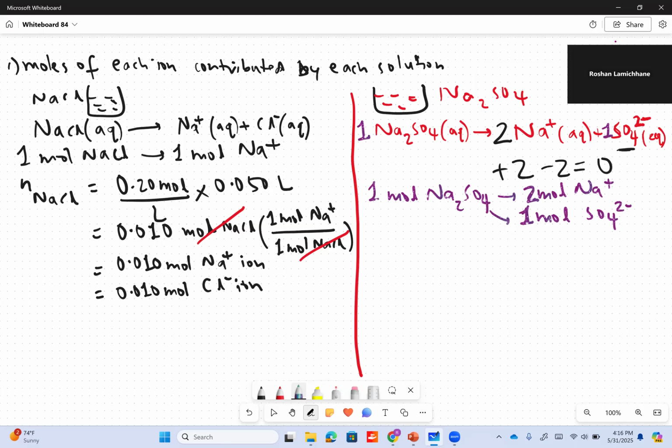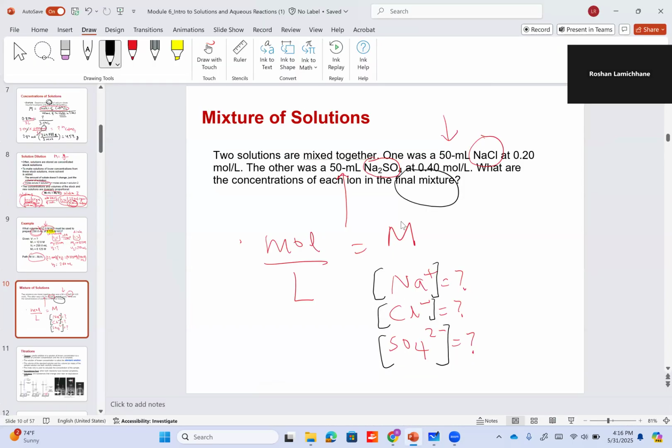All right, now I'm going to follow the same step. I'm going to figure out the number of moles of sodium sulfate first. Again, I have been given the concentration of sodium sulfate at 0.40 moles per liter, and the volume.